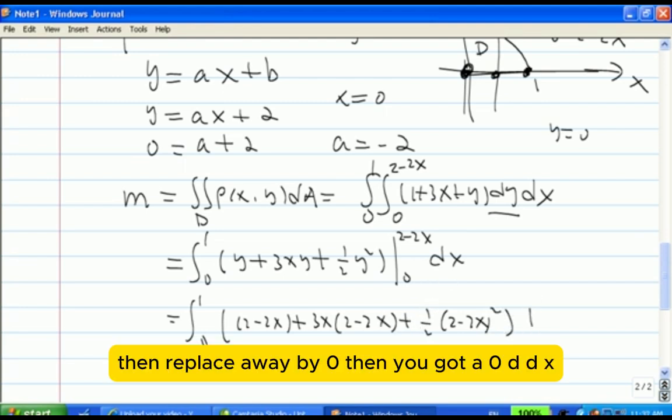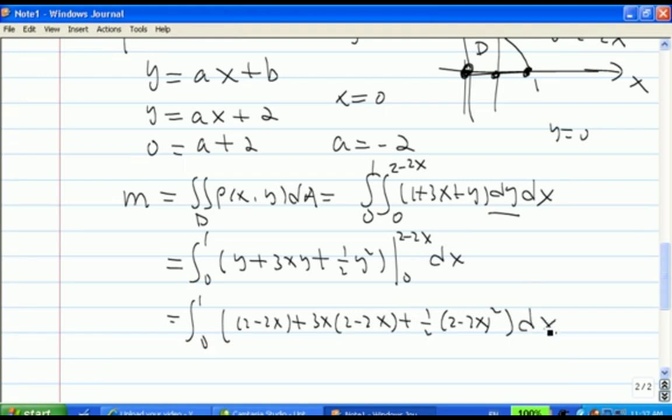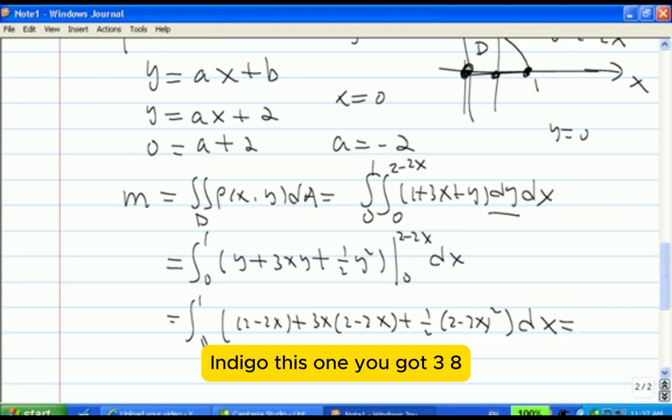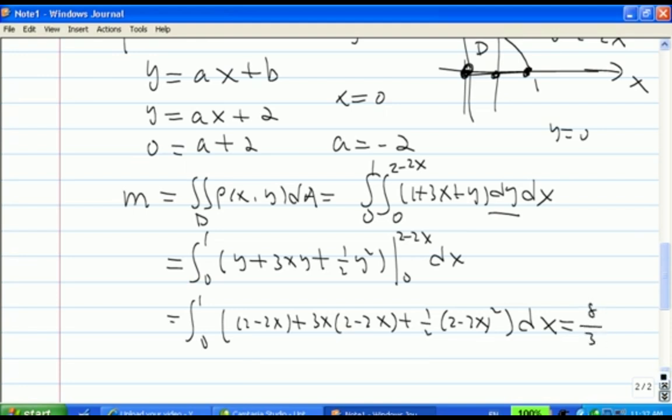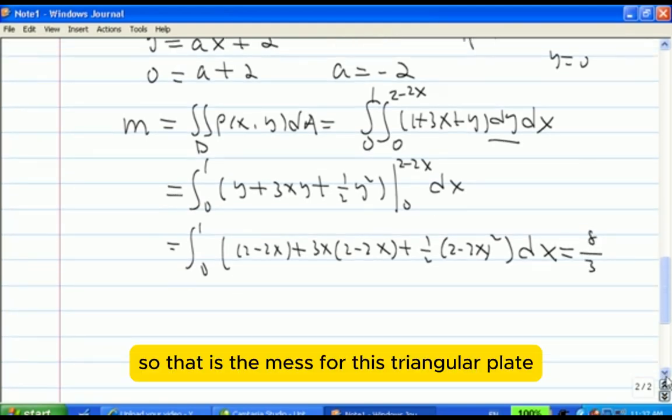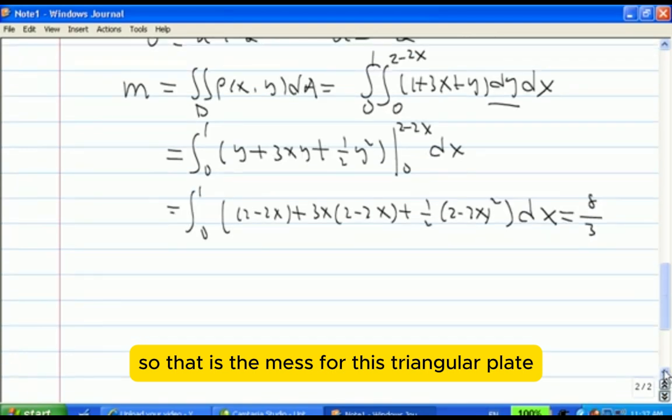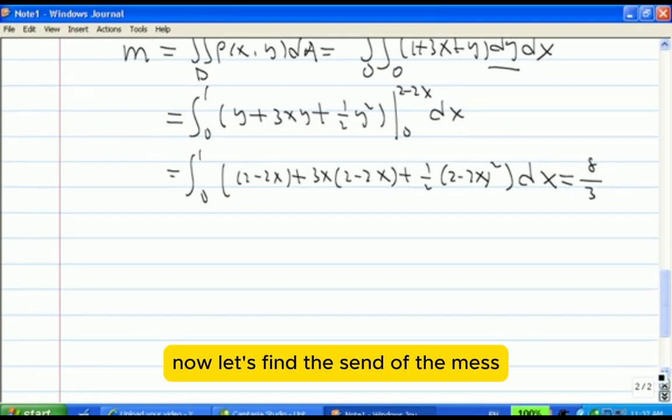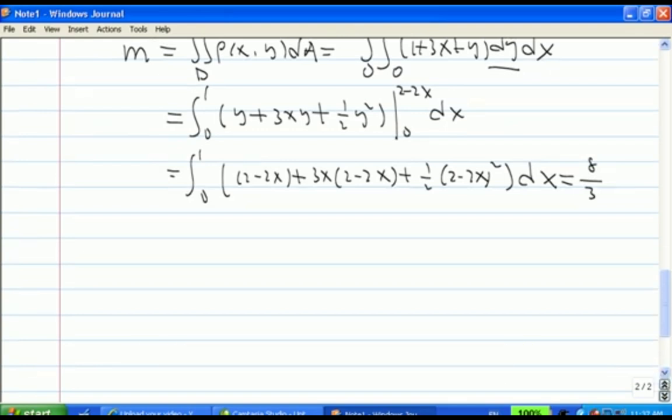Then dx. Integrate this one and you get 8 over 3. So that is the mass of this triangular plate.